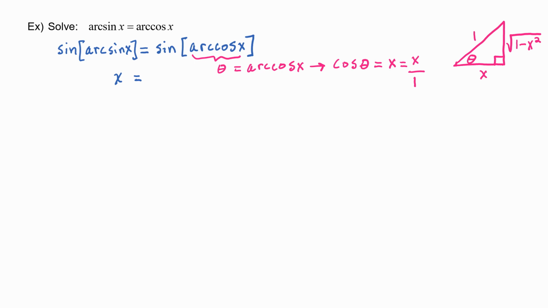If we do that substitution, then that means this right-hand side will simplify to be sine theta. Bring down the left-hand side, x equals. Now we use our diagram to find that sine of theta is the opposite leg, which is radical 1 minus x squared, over the hypotenuse, which is 1.